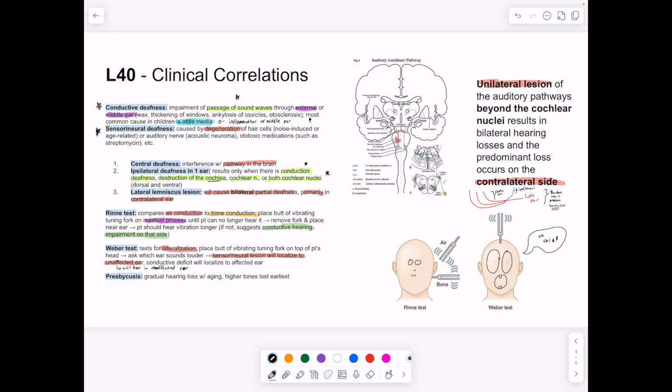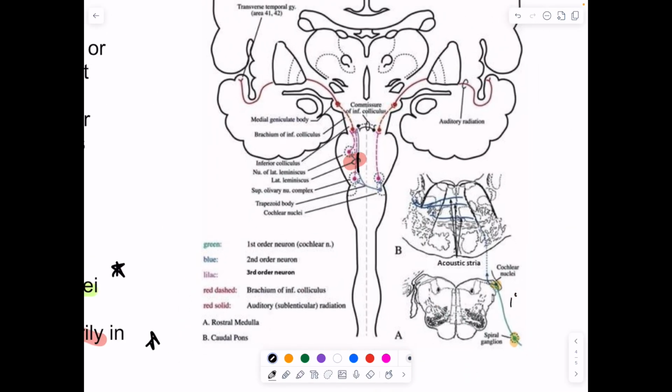And then lateral lemniscus lesion, so here we have our sending pathway, the lemniscus. If you have something go wrong, then it's going to cause the other side to be predominantly deaf.